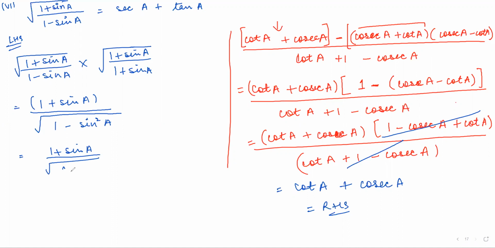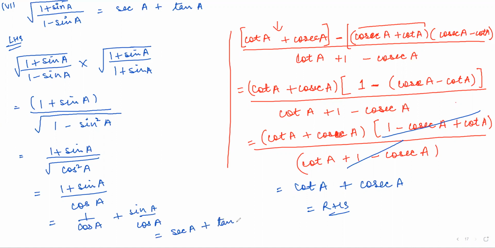Now 1 minus sine square A is cos square A. So it becomes 1 plus sine A, and the under root will now go, it will be only cos A. And then you break it: 1 upon cos A plus sine A divided by cos A. So 1 upon cos A is your sec A, and this becomes your tan A, which is your RHS.